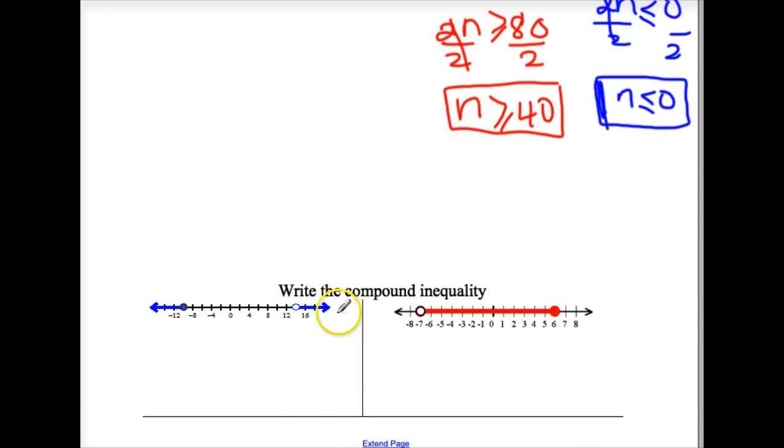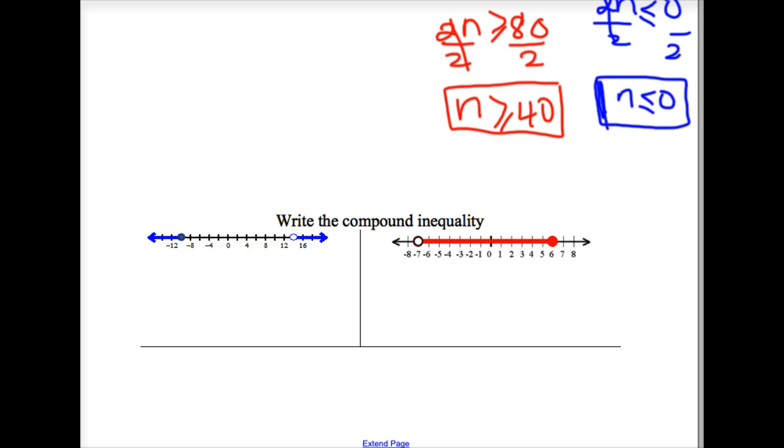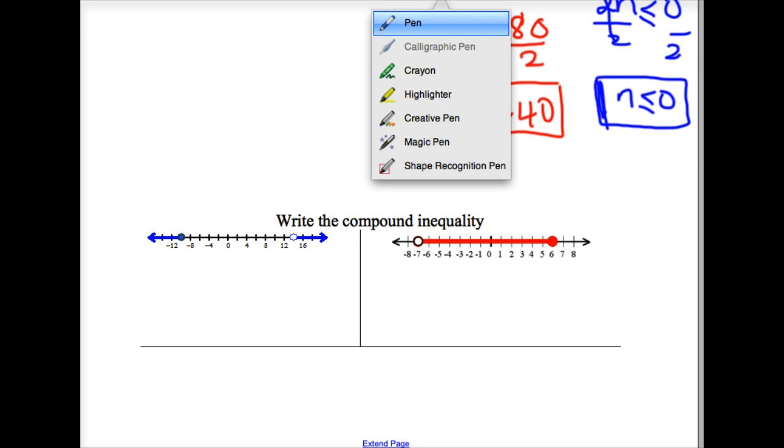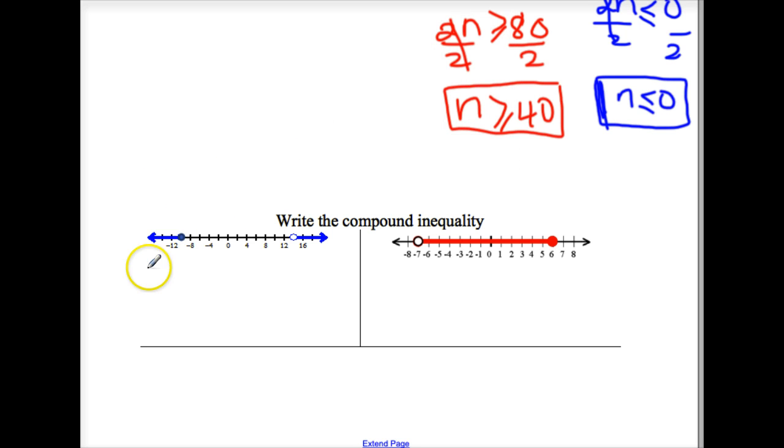Now the last thing I want you to do is just look at this. We haven't been graphing anything, but I just want to take a look at these two examples. How do I write an inequality for this? What is this number right here? If you look at this, they're in increments of 2. So this would actually be a negative 10. And this will be 14.